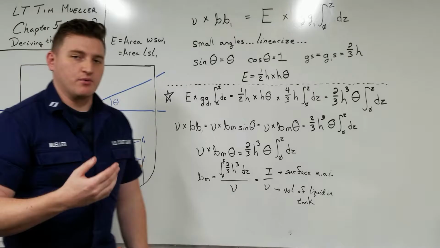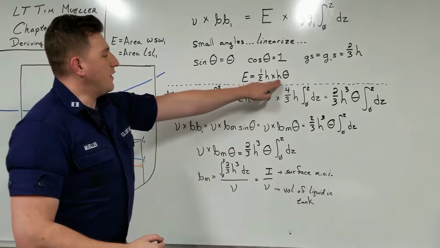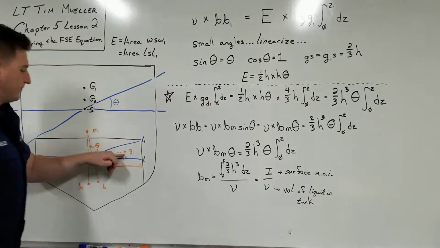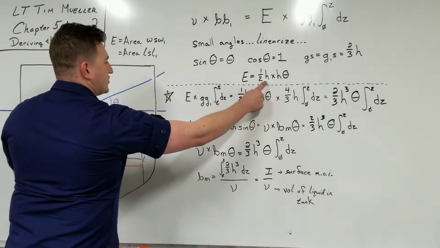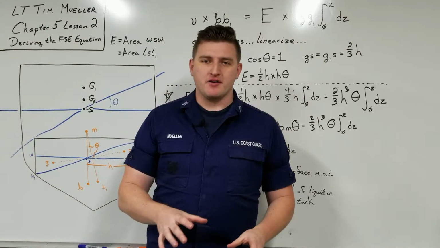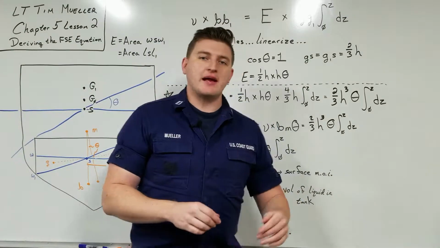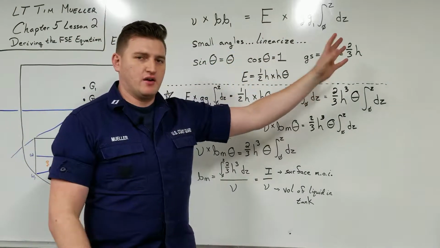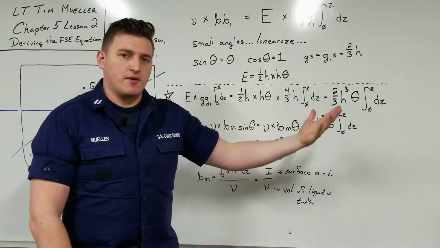But sine of theta equals theta, so that all boils down to H theta. So the area of this triangle is 1/2 H times H theta. Now that we've made all of our assumptions for linearization, let's go back to this very first equation, work on one side, work on the other side, and see what we come up with.